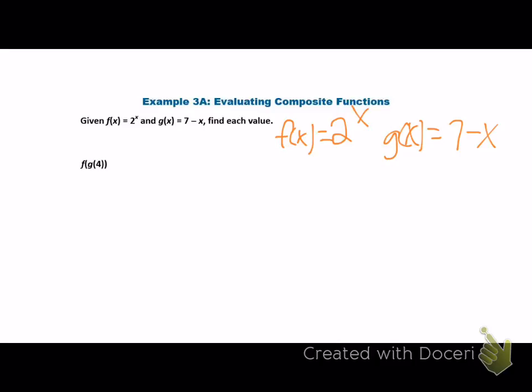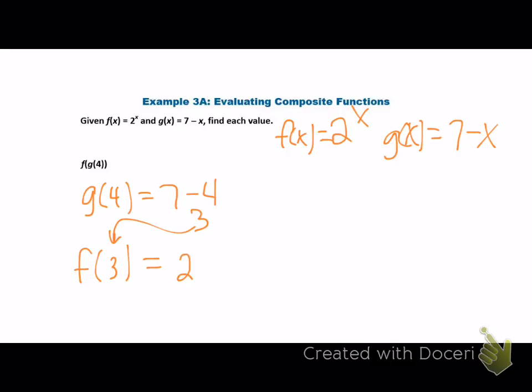Okay, so we're going to compose g first. So we're putting g in, so we're going to start with the g. So g of 4, we'll start with that. That would be 7 minus 4, which would be 3. So 3 now becomes the input for f of x.